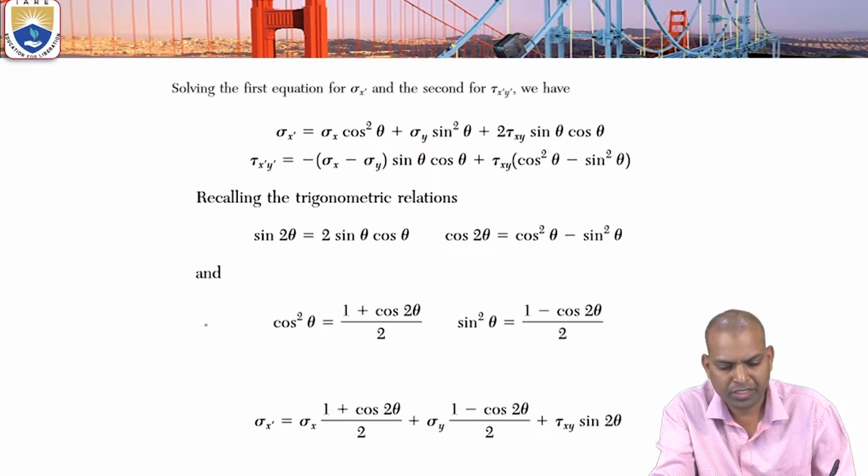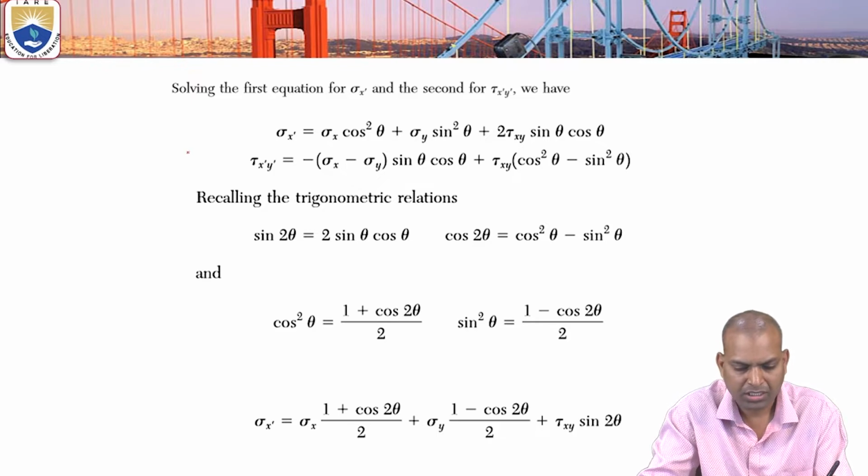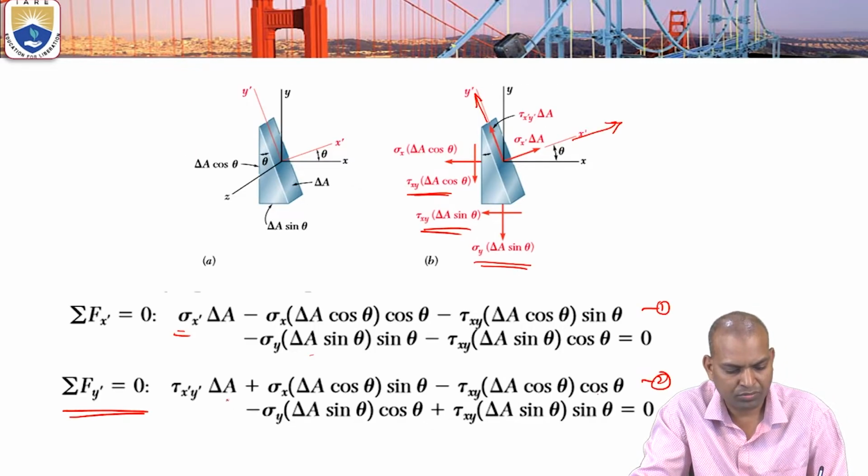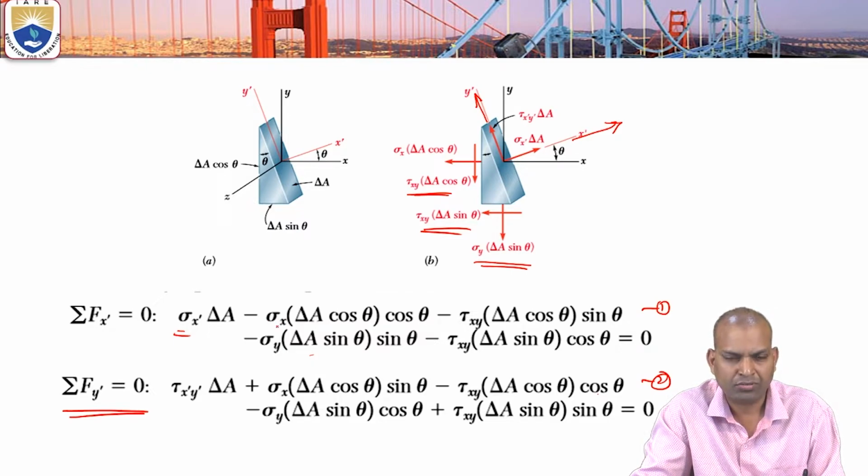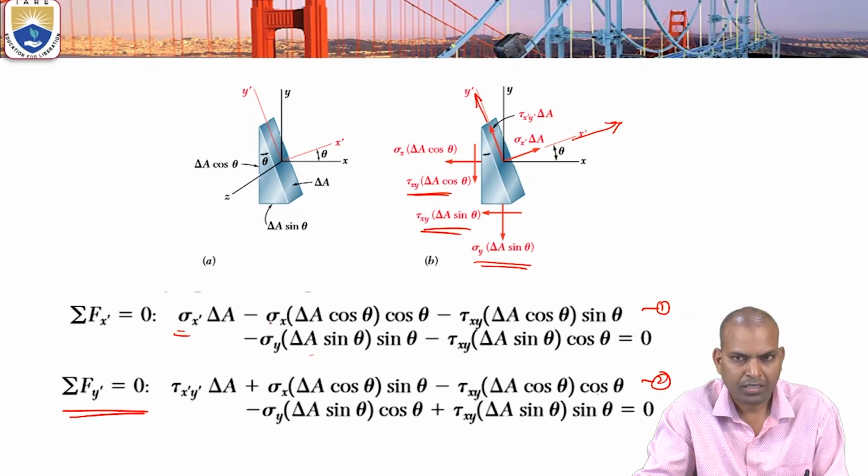Now from those equations, sigma x dash equals, with all these terms sent to the right side of the equality, sigma x del A cos theta times cos theta, that is del A cos square theta. Del A will be cancelled on both sides.